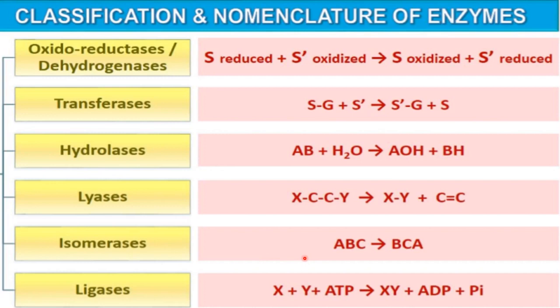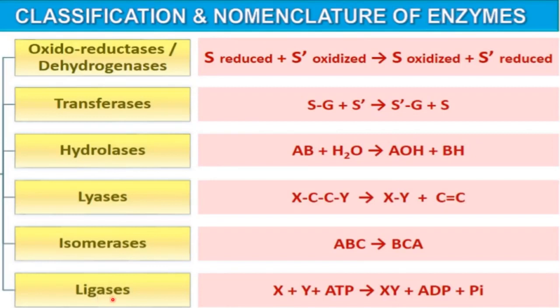So for that isomerization reaction, these enzymes help. As you can see here, ABC can be written as BCA. So this kind of reaction is called isomerization, and the isomerase enzyme helps in that.